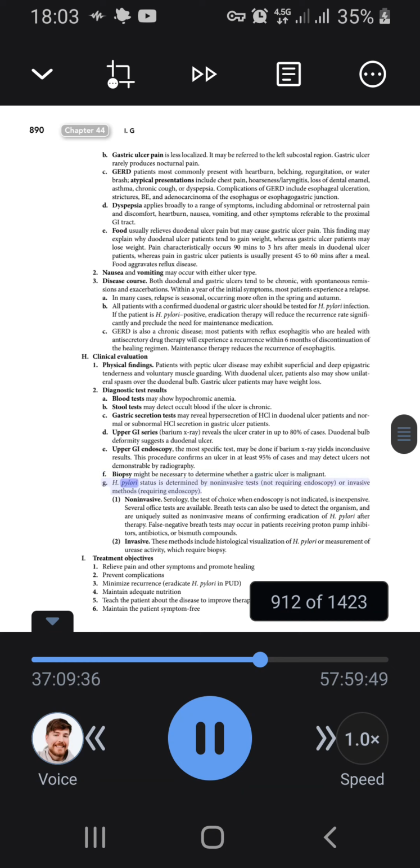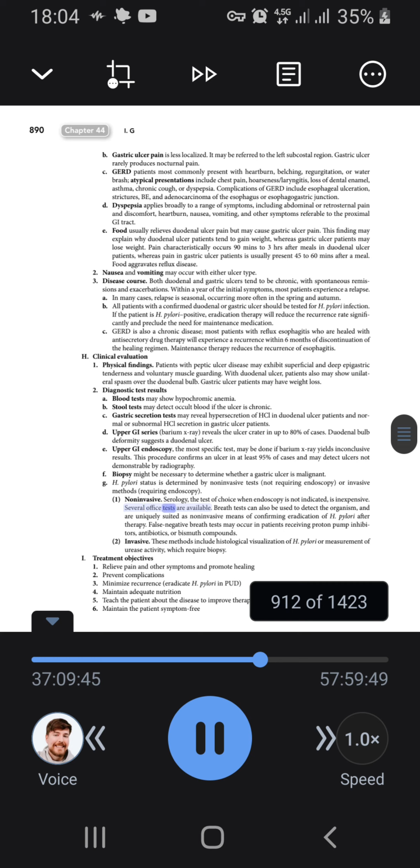G. H. pylori status is determined by non-invasive tests not requiring endoscopy or invasive methods requiring endoscopy. 1. Non-invasive. Serology, the test of choice when endoscopy is not indicated, is inexpensive.